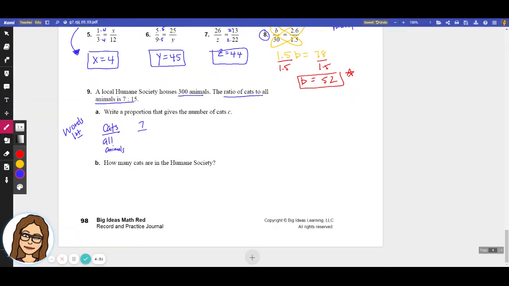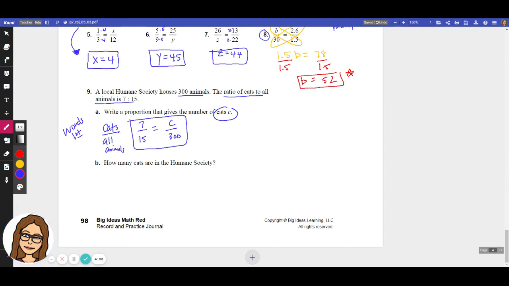We have 7 to 15. And we know that the Humane Society houses 300 animals, and they want you to use C for cats. So there's your proportion. It doesn't ask you to put a value in for C. It just says to write a proportion that gives the number of cats. So this is your answer here, unsolved and with the assigned variable.